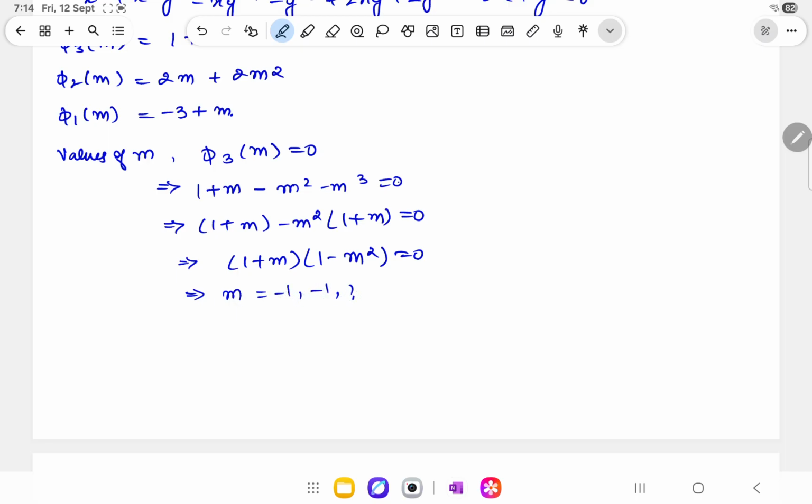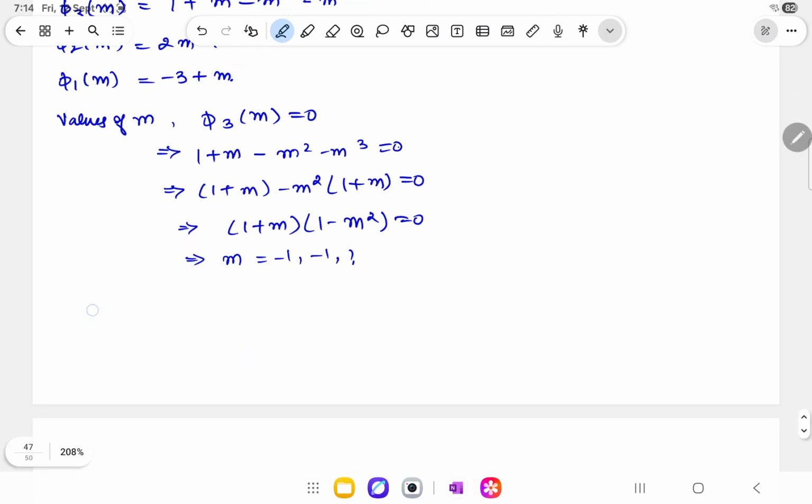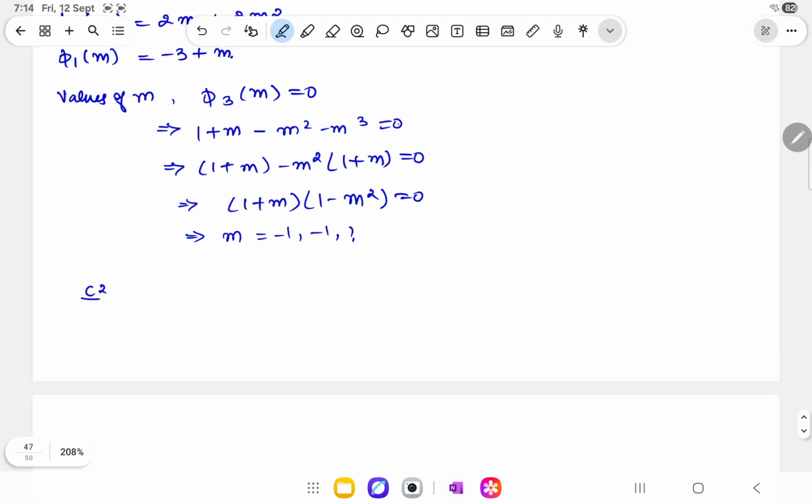Now I can find the value of c. My c will satisfy this equation because we have two repeated values of m: c square by 2 factorial phi 3 double dash m plus c into phi 2 dash m plus phi 1 m equals 0.